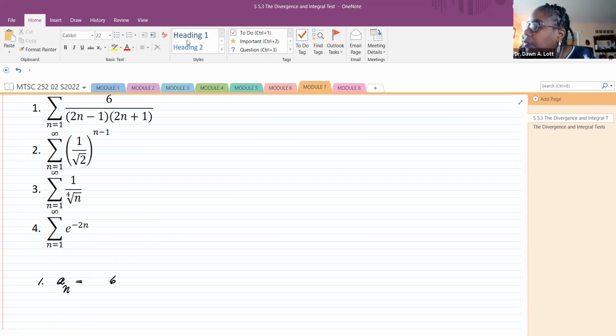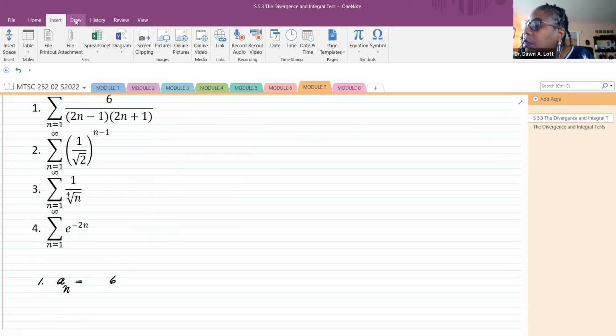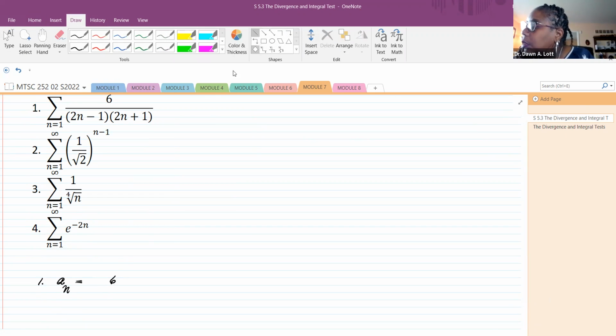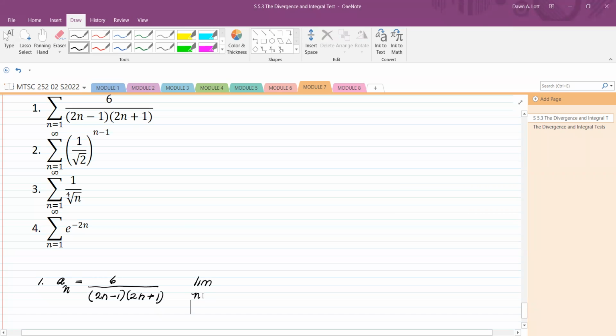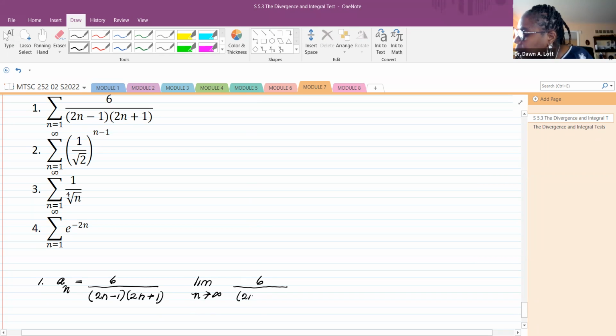It is 6 divided by (2n minus 1) times (2n plus 1). And what's the limit of that as n goes to infinity? Six over infinity. And 6 over infinity is what?